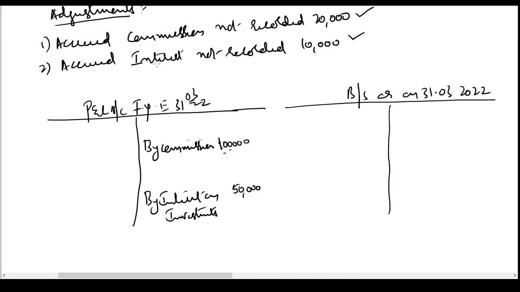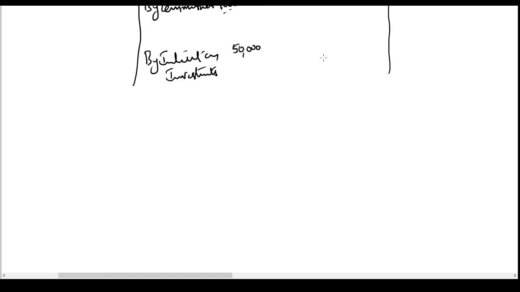Now I know that there is some accrued commission which has not been recorded, 20,000. Accrued interest not recorded, 10,000. So what should I do? I'll pass entries now. Adjustment entries to be passed.